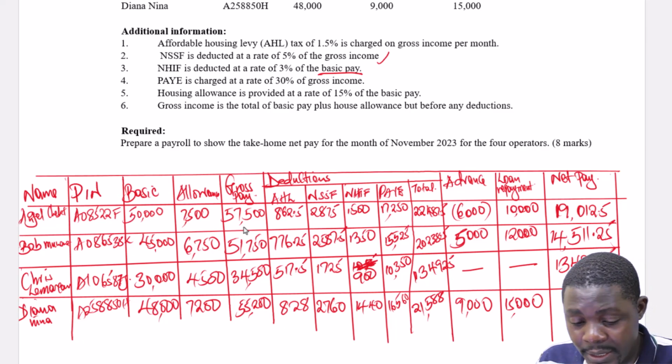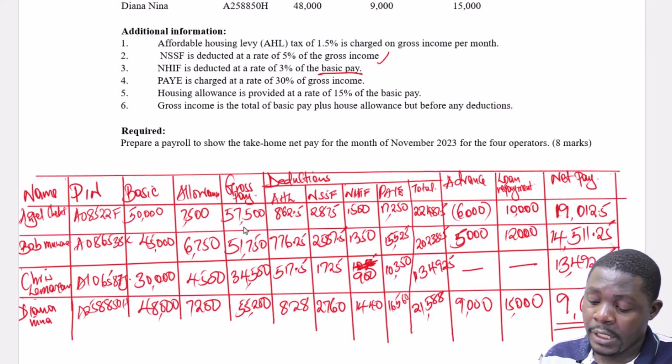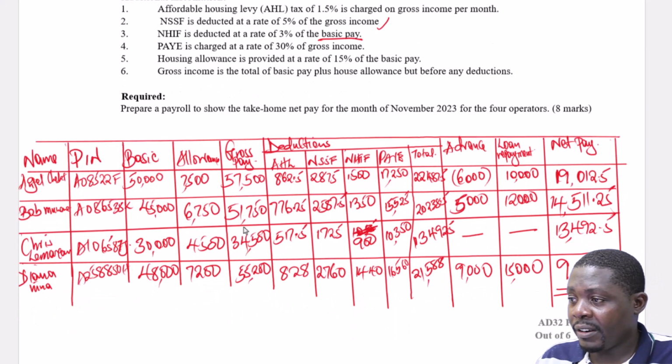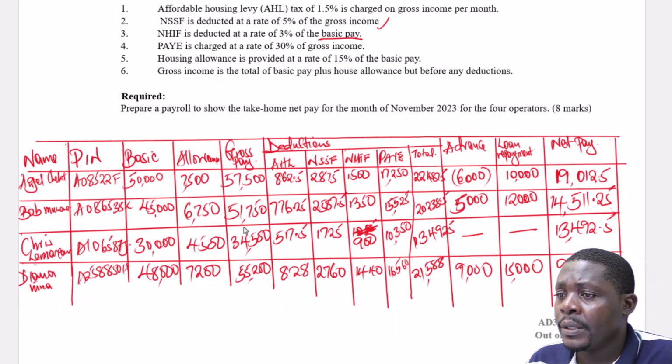The money this person took home is 9,612. That's how the payroll for the month of November should look like.